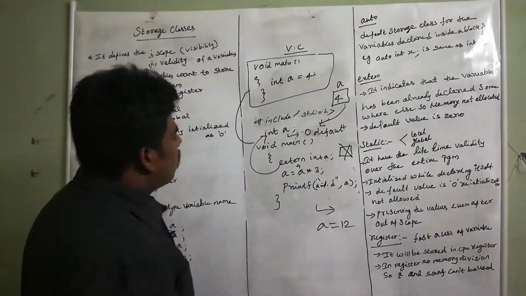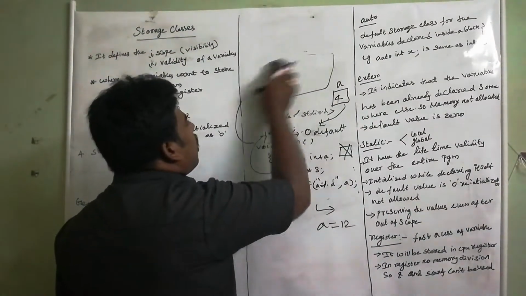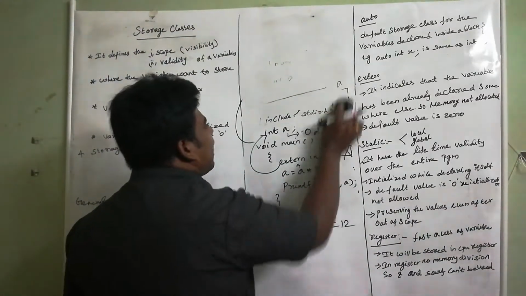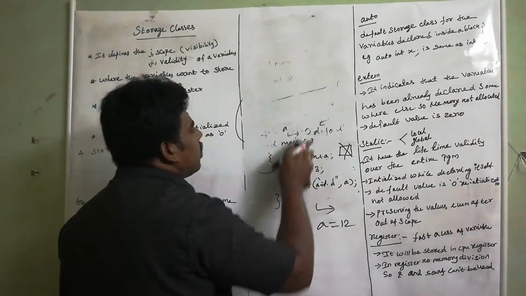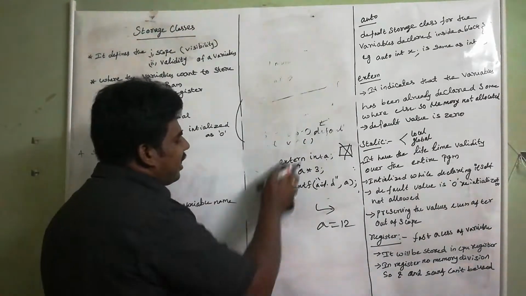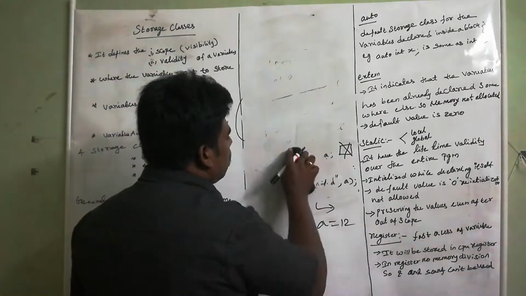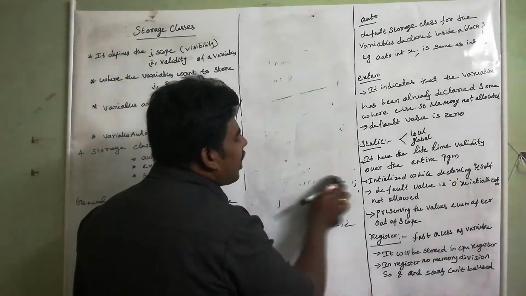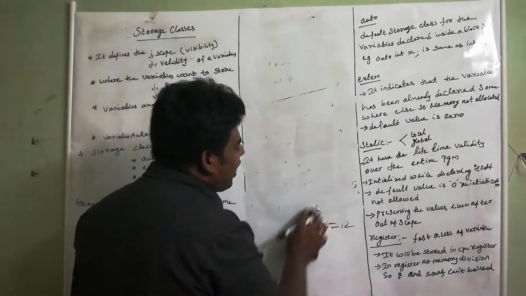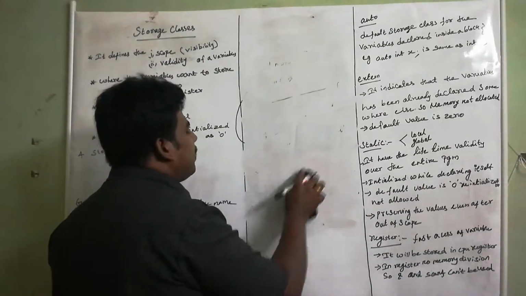Okay. Now we can see the third storage class, that is static. What is static? Anyone know what is static? Static means it will preserve the values even after the scope. What's the difference between static and extern?